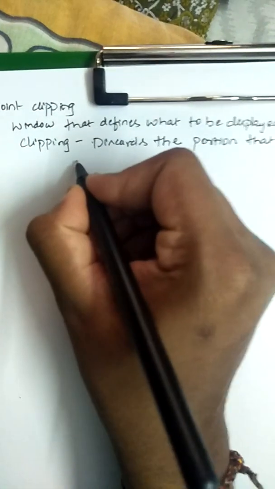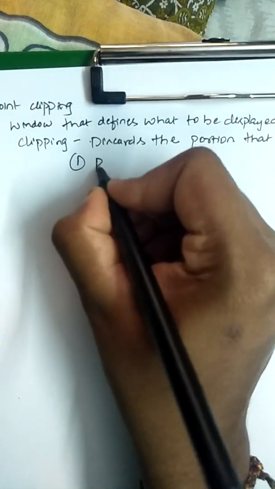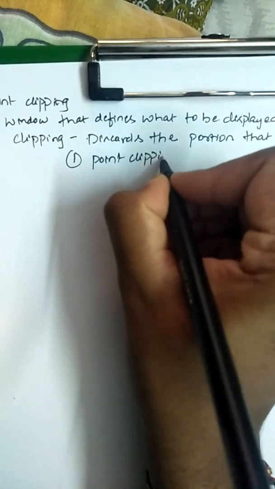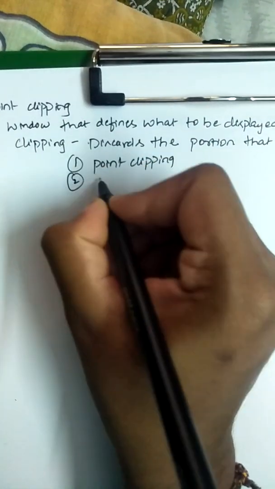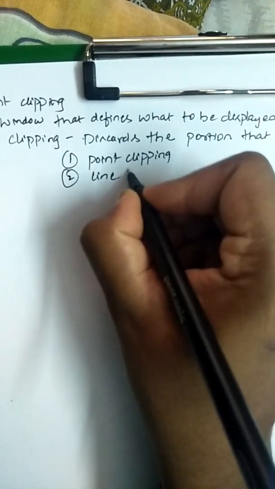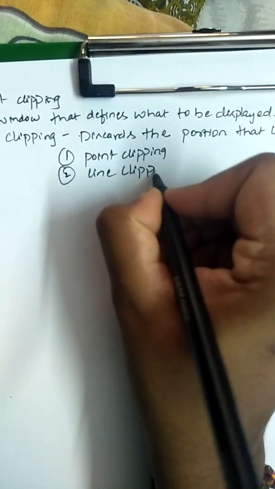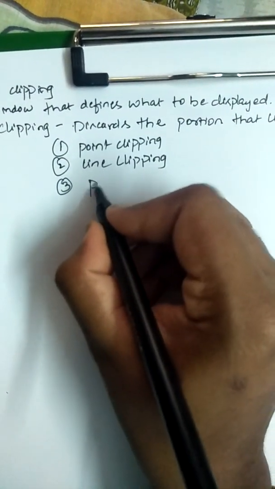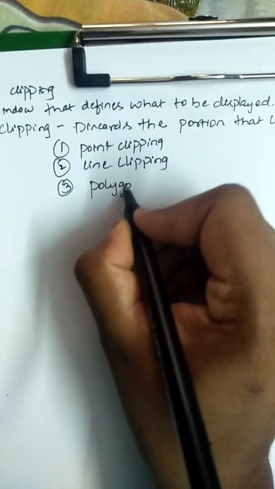So there are point clipping, line clipping, and polygon clipping.